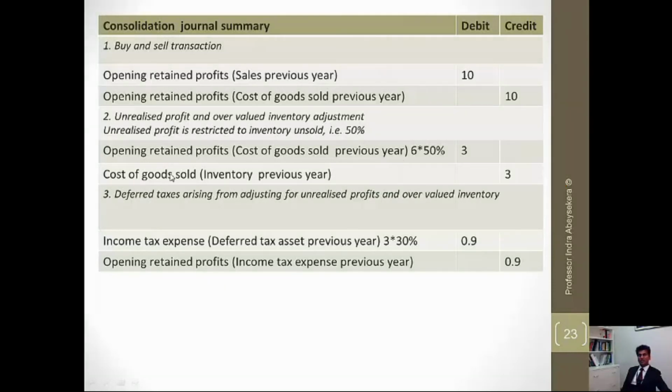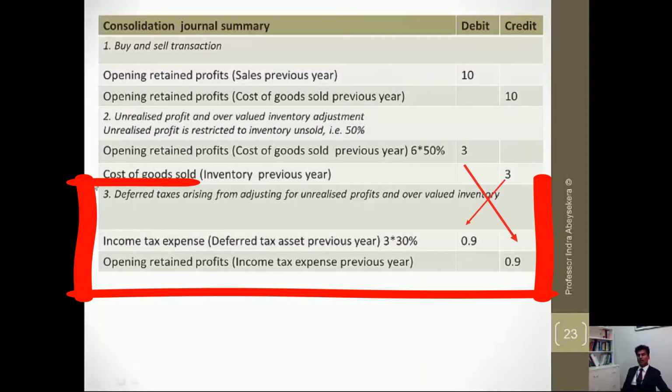When we do the second entry, then there's a tax implication. We are now decreasing opening retained profit. Then we must decrease the tax impact of it. 30% of that is 0.9. And we are now increasing the profit, because we are decreasing cost.